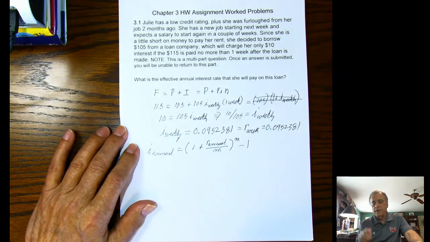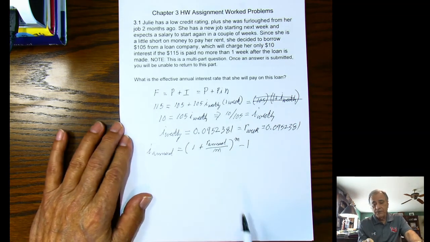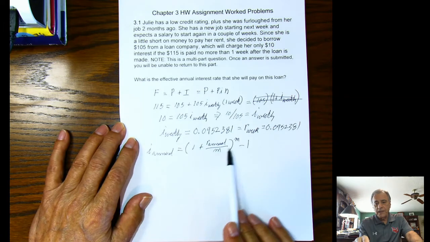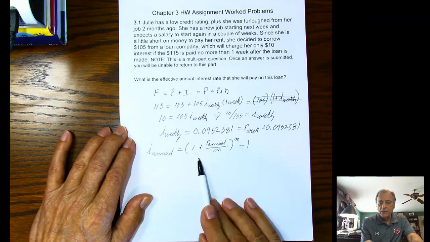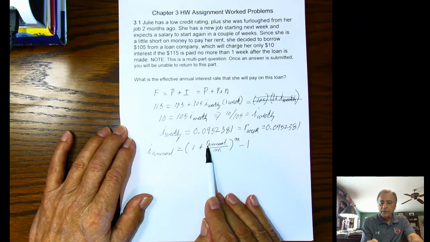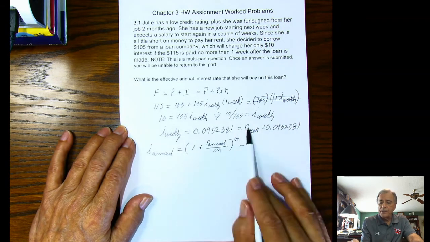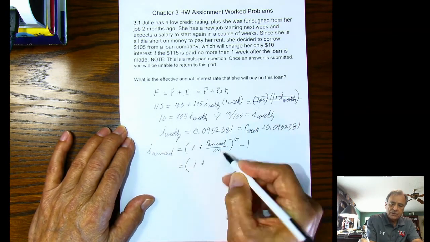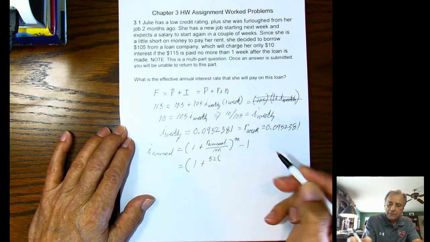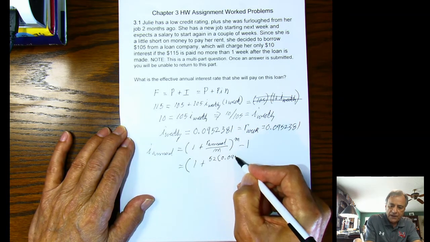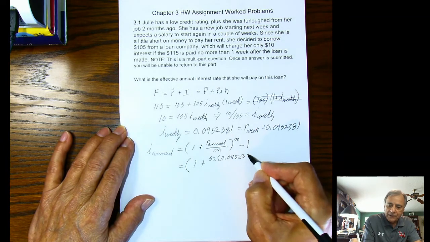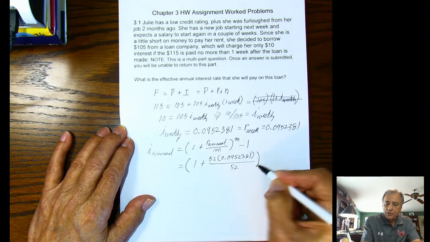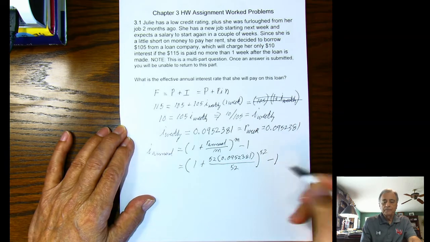M is going to be 52 weeks because, if you're compounded weekly, that's what M would be. So we're going to let M be equal to 52, and R annual is simply 52 times R weekly. So this is going to be nice and easy to deal with because this is going to be 52 times 0.0952381 divided by 52 to the 52 power minus 1.